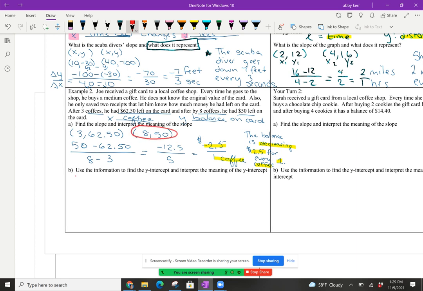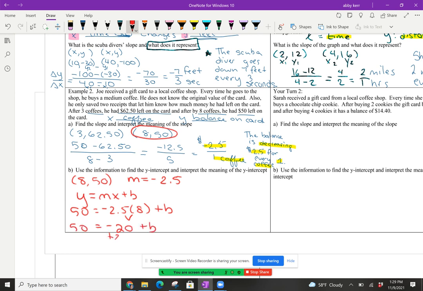Now, just like what we've been doing in class, you pick an ordered pair. I'm going to pick 8, 50 to find the y-intercept. We found our slope already to be negative 2.5. So then we plug in all 3 items to y equals mx plus b. So then we have 50 equals negative 2.5 times 8 plus b. So then we're going to get negative 20 plus b. And you're always going to have a 1 step here. So to undo negative 20, we're going to add 20 to both sides.